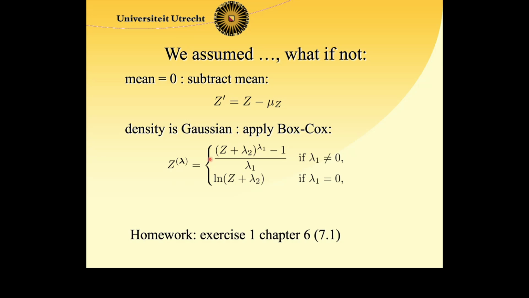You can do that by plotting a quantile-quantile map. One axis is the quantiles of the standard Gaussian distribution, and the other is the quantiles of the original distribution of Z. Then you do this Box-Cox transform, and you optimize lambda 1 and lambda 2 such that on the quantile map they become aligned, not on a one-to-one line, but on a straight line. If you have done that, you made sure that this is a Gaussian transform.